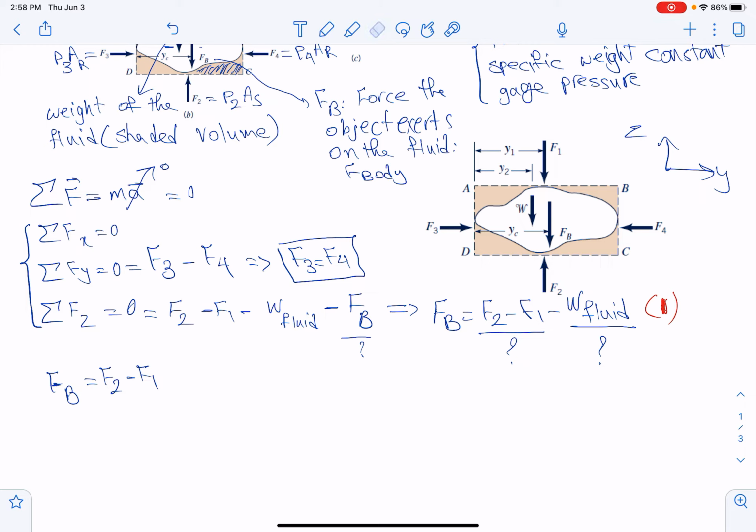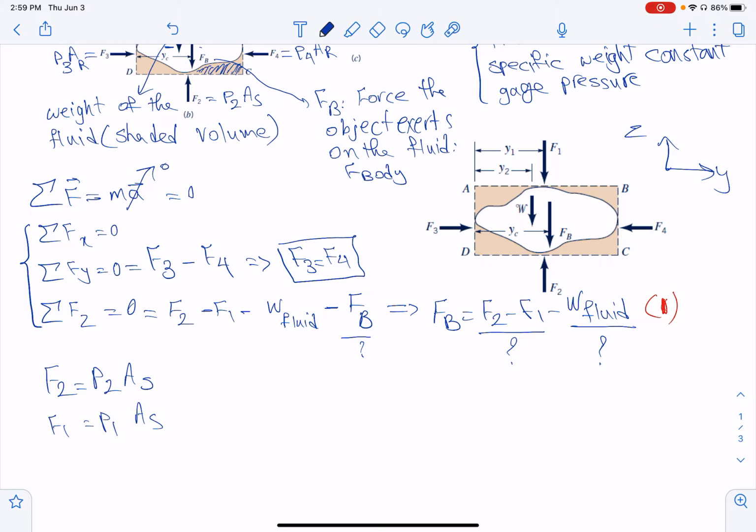So we have it here, so I don't need to rewrite it, right? Okay, now for F2, I showed you before that F2 is P2 times AS, and F1 is P1 times AS.